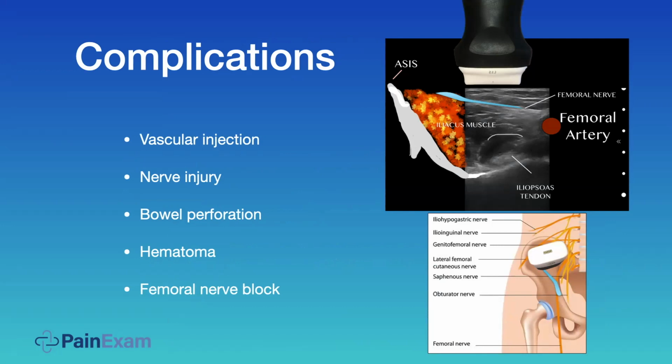The medication could track down to the fascia overlying the femoral nerve, the iliacus fascia, as it travels medial and then inferior onto the femoral nerve fibers. And I've seen patients with higher volumes, like 10 mLs of local anesthetic, get a complete femoral nerve block. So in my office, I'm usually sticking to 5 or 6 mLs maximum. You can also get any sort of vascular injection, nerve injury, bowel perforation, hematoma.